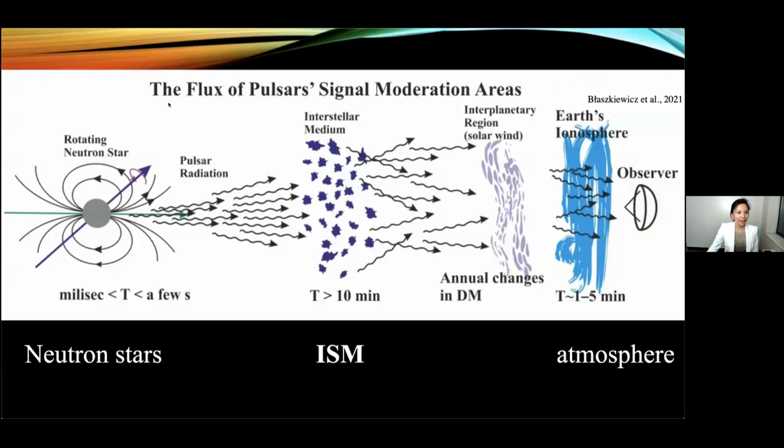When we get the data from the X-ray binaries, for example, neutron star binaries, we also want to know what the interstellar medium is contributing to the data.